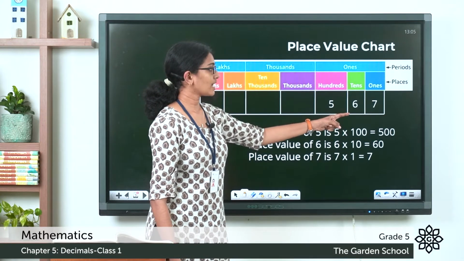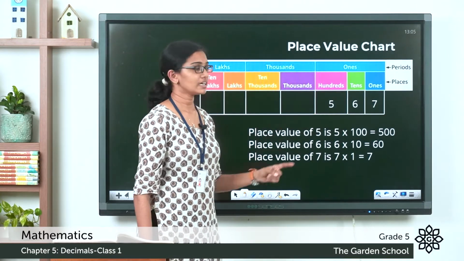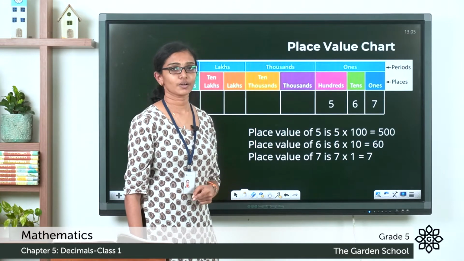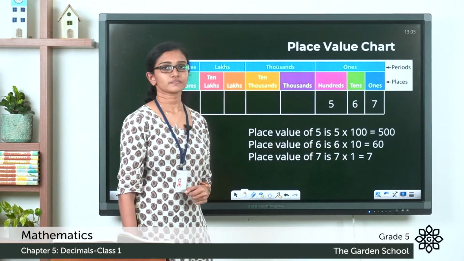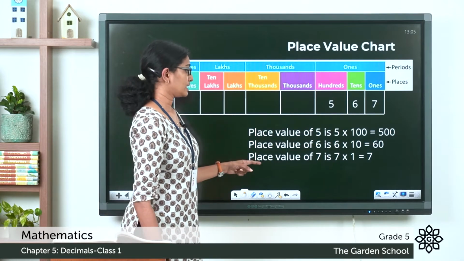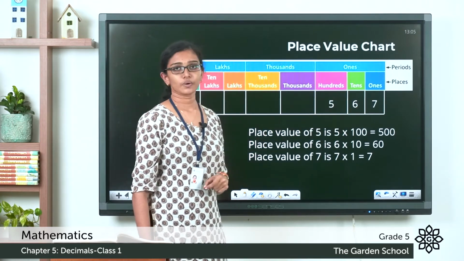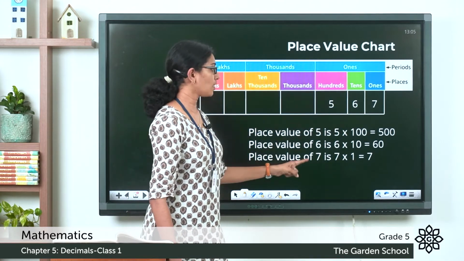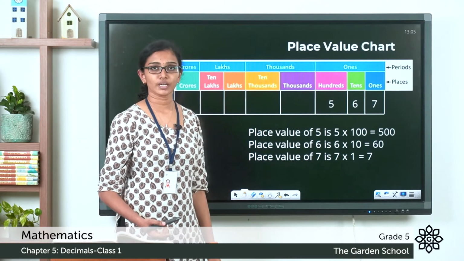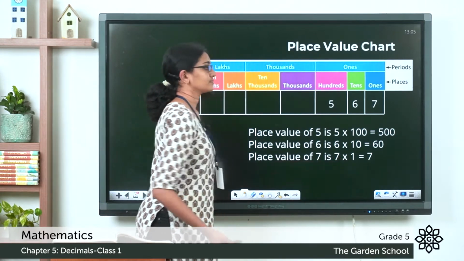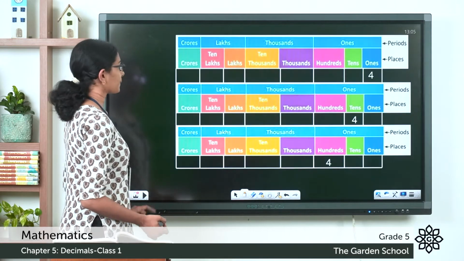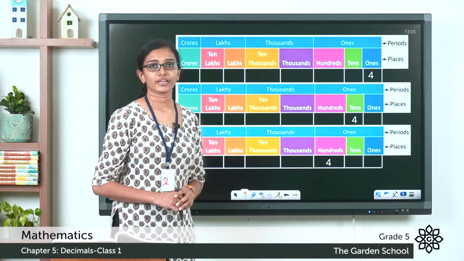So the place value is 6 tens or 6 into 10, which is equal to 60. Now what about 7? 7 is in ones place. So the place value is 7 ones or 7 into 1, which is equal to 7. Clear?